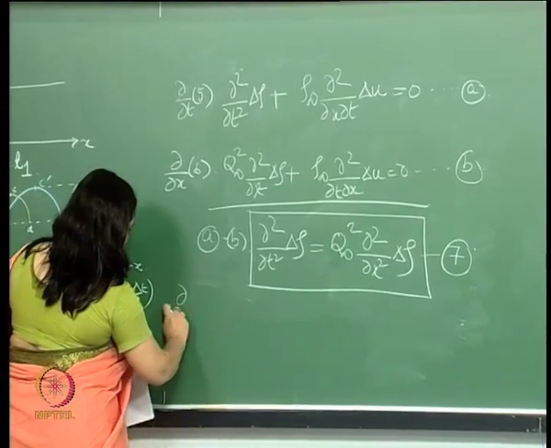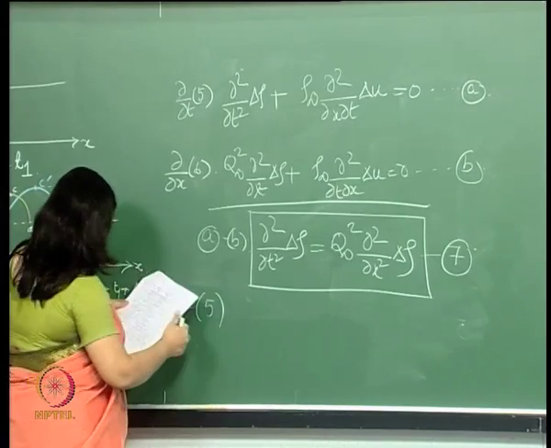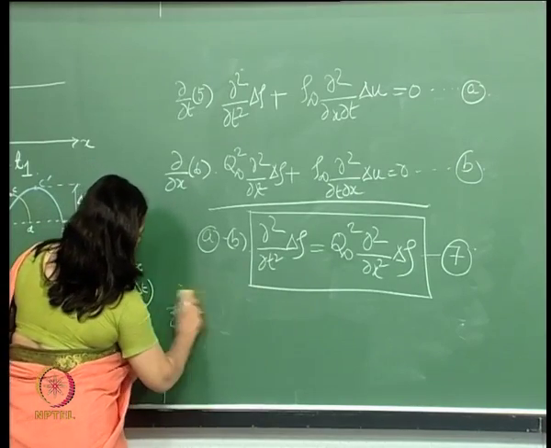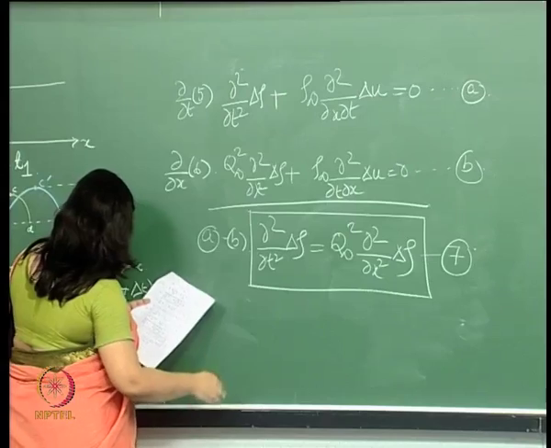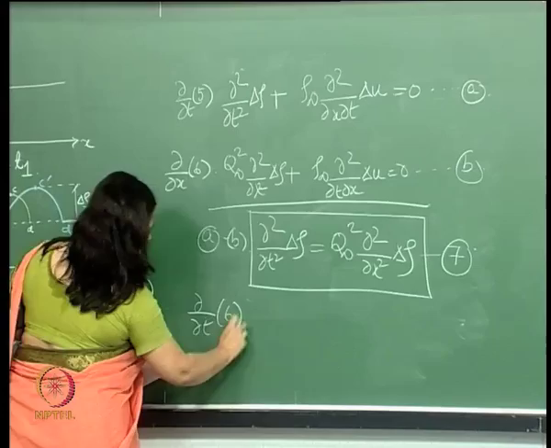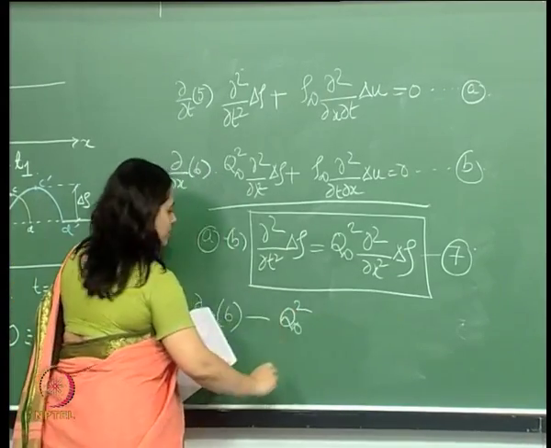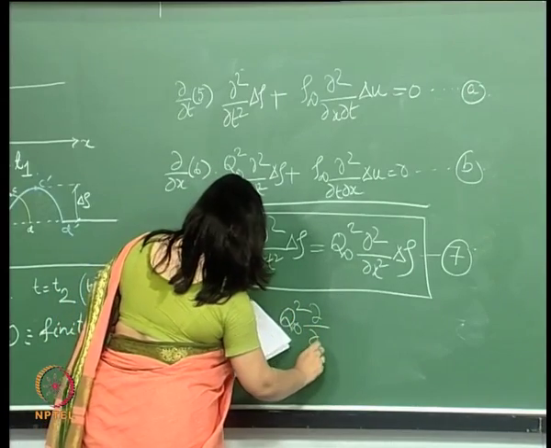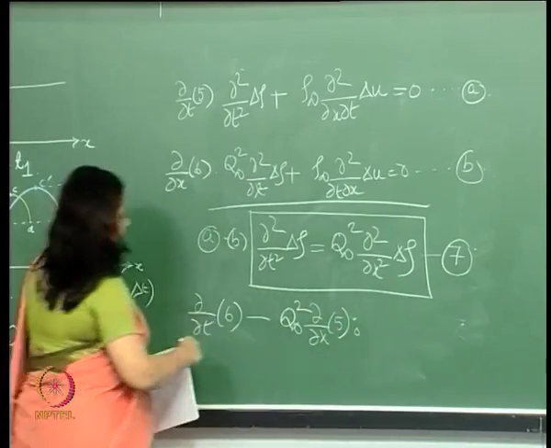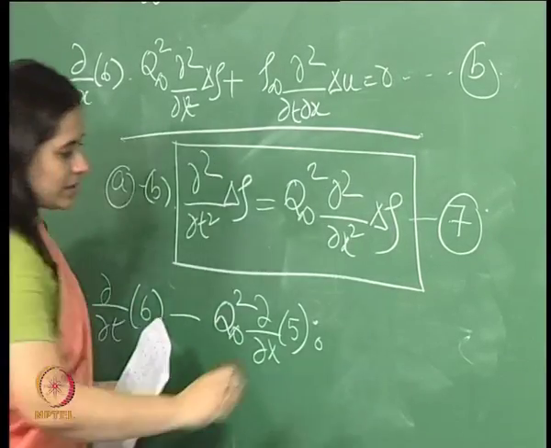And then del del t of equation 6 minus del del x of equation 5, right. This is what I do, and what I get is this.